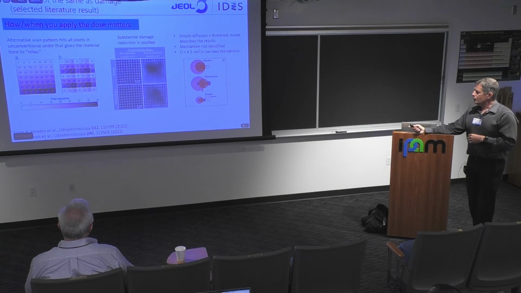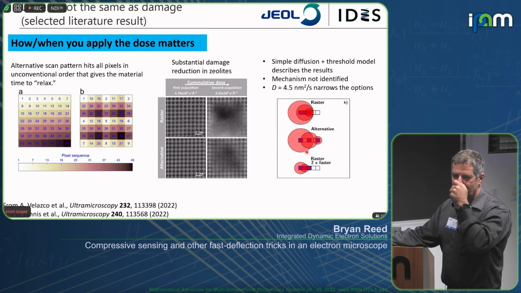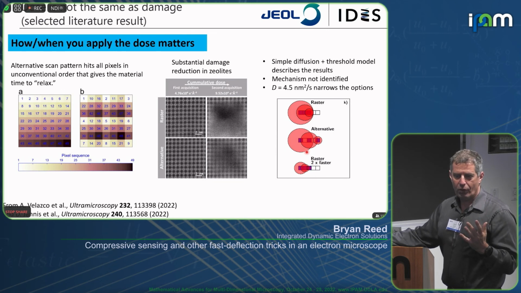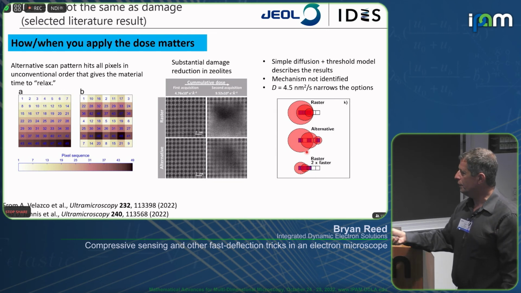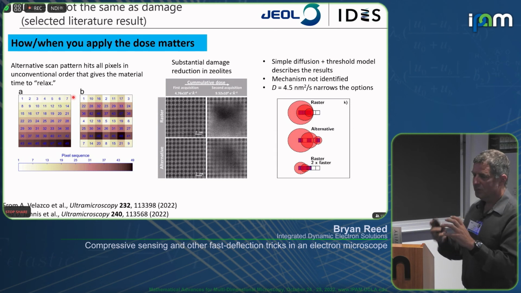So as I said, there's more than one group that's doing this kind of work, and the consensus is that how you apply the dose matters. So damage per electron is a quantity to think about optimizing, and if you do a conventional raster scan, pixel by pixel by pixel, you are depositing stuff.